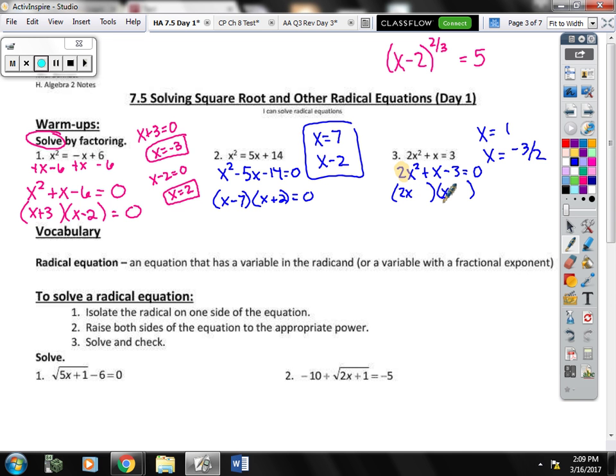We know that's the only option. And then you come up with the 3, positive or negative. So we could have a positive 3 here and a -1 there. Remember we check our FOIL. We will get 3x and a negative 2x is going to be x. And then to use the zero product property, we subtract 3 and divide by 2 to get negative 3/2 and 1 for x.